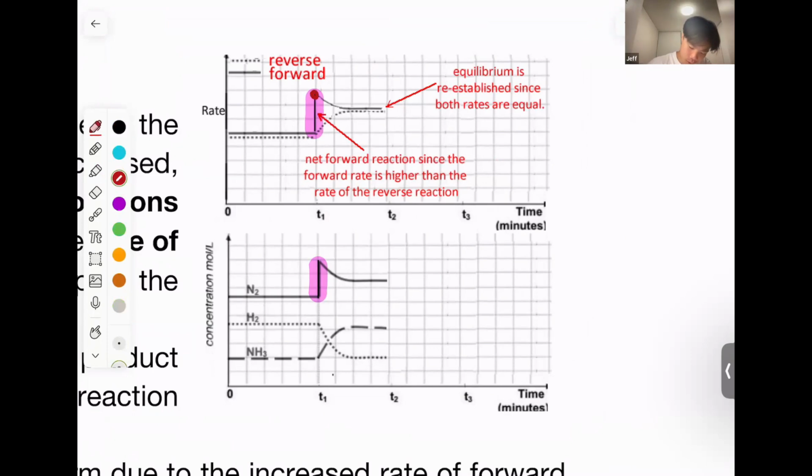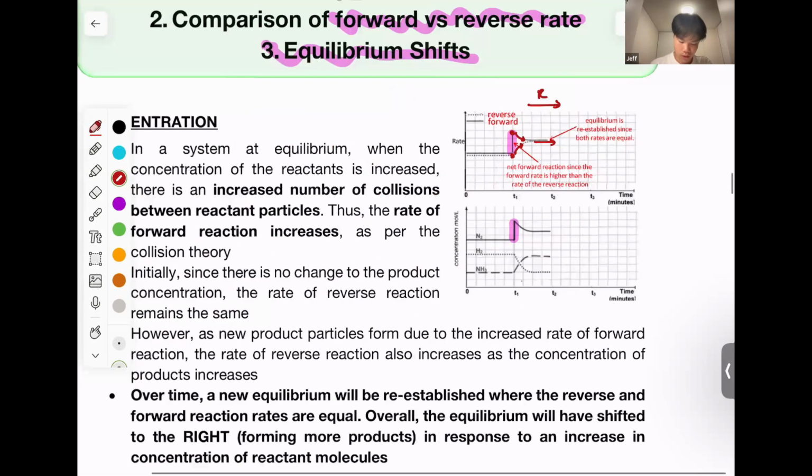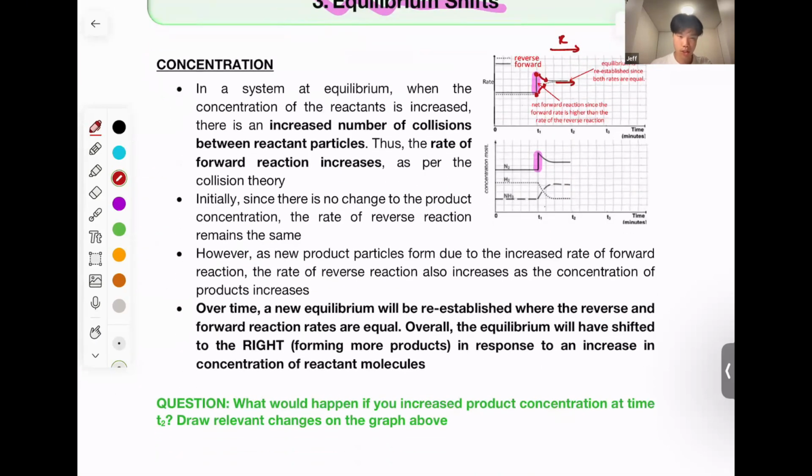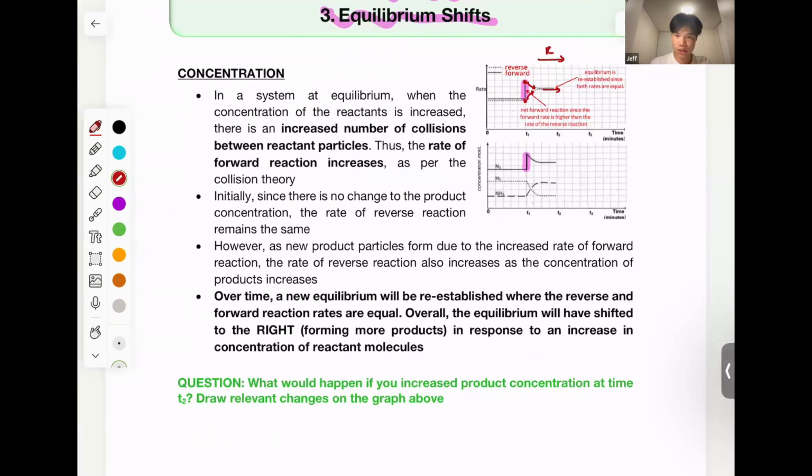That creates a difference in forward and reverse rate, which causes the system to shift to the right as the forward rate proceeds more than the reverse. And eventually you reach a point where the rates equalize. And that's your concentration shift. A bit more detailed there if you want. Any changes in the concentration shift first?